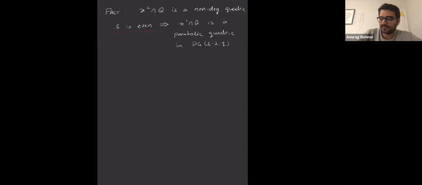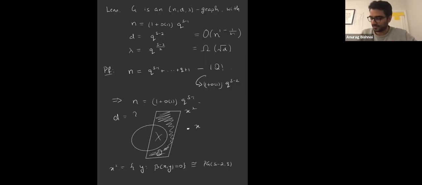Okay, and now we know how many points. So we know that this intersection is a parabolic quadric inside this projective space.